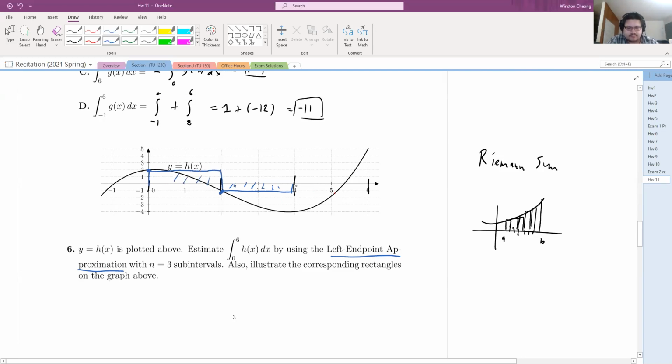And for the subinterval from 4 to 6, the height has to match the value at 4, and so we end up with this rectangle of height -4. You can see this is a very coarse approximation, and it really does not match the curve very closely at all. But that's because n is equal to 3, not 3 million.